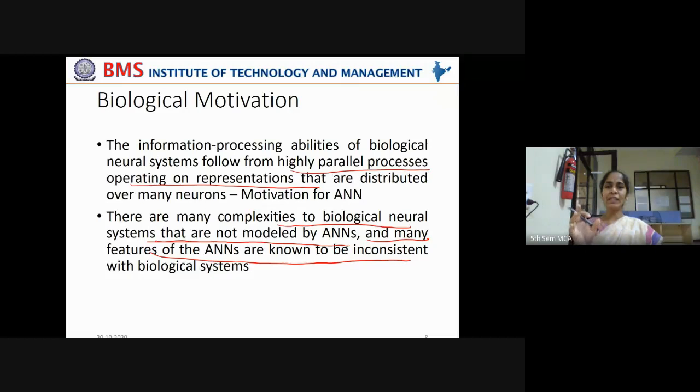The human biological neural system doesn't have this kind of artificially designed neural network architecture. But still, though there is some incompatibility between the natural biological neural system and the artificial neural networks, the basic idea can be taken in order to model these artificial neural networks, right?